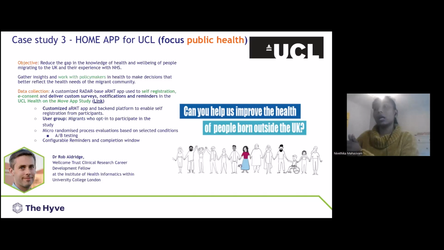Whereas in this case, the participant should get all of the information about the study and provide consent on the app. So for this study, we modified the open source app into a different app. So we added some custom features so that it can be used for this purpose. We also had to change the architecture a little bit.